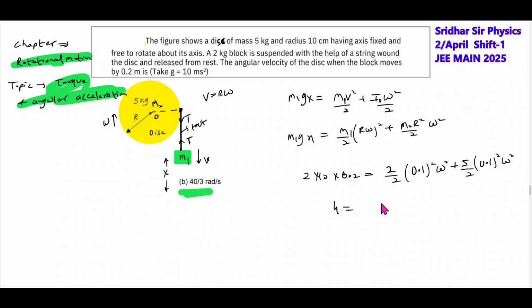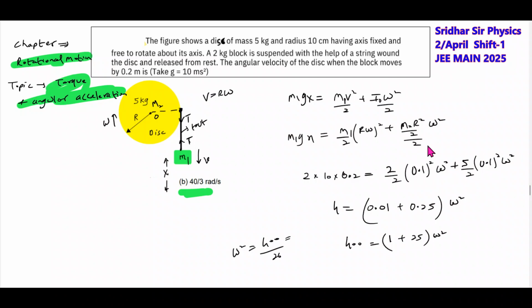This will be 4, 0.01 plus this will be 2.5, 0.25. 400 equal to 1 plus 25. 400 by 26 it will come.